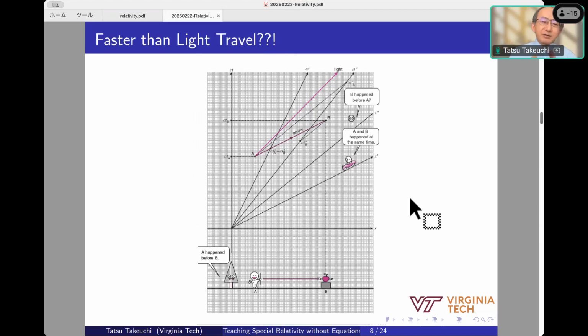So nothing can exceed the speed of light, and it's because of causality, not because it's a technological hurdle or anything like that. So it is difficult to imagine that something like a warp drive will allow you to travel faster than the speed of light. And I'm pretty sure this will be very disappointing to many sci-fi fans that you may have in your classroom, but c'est la vie.